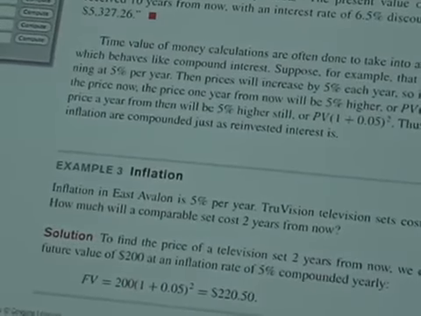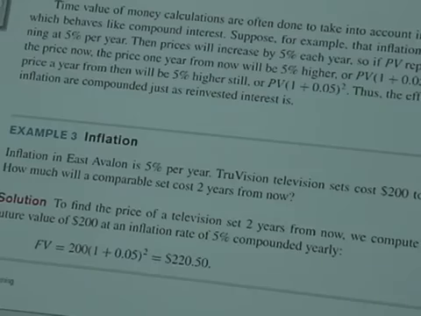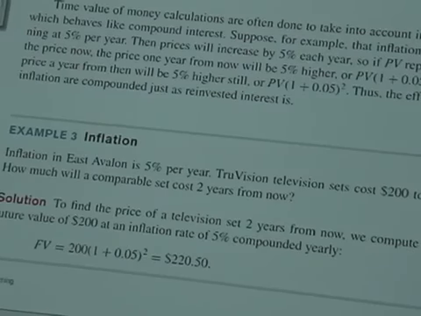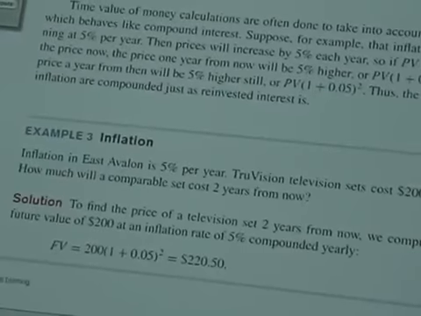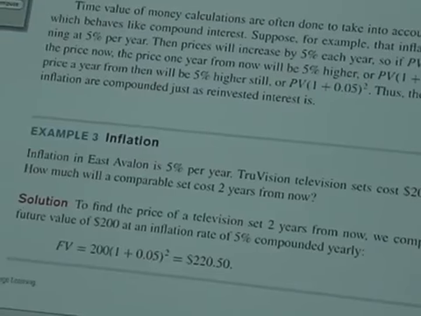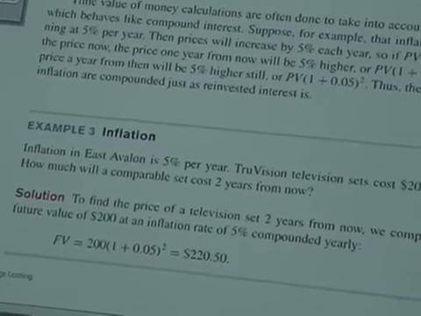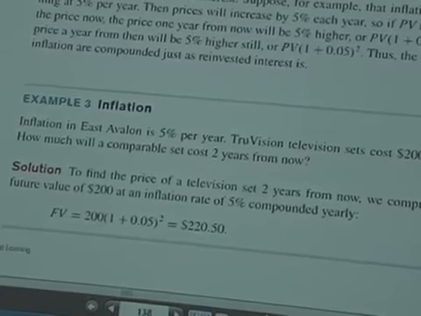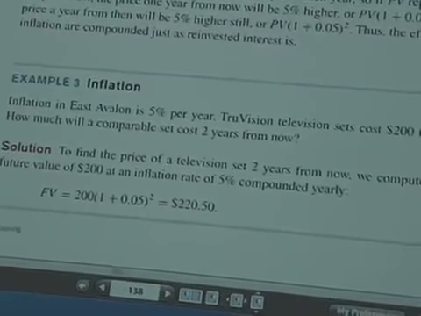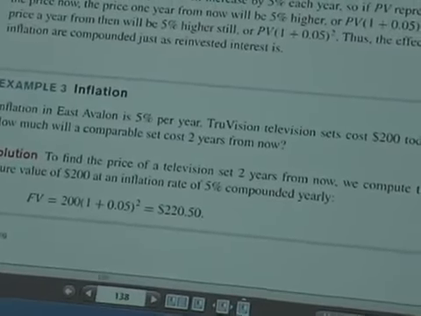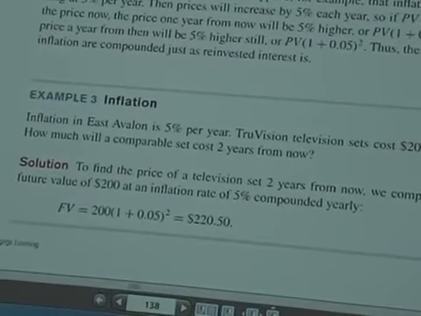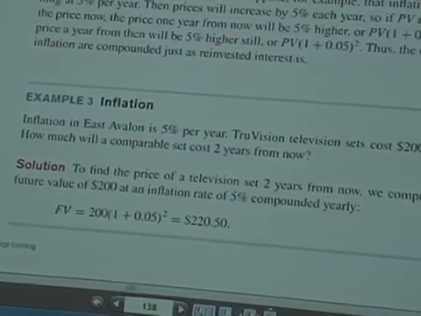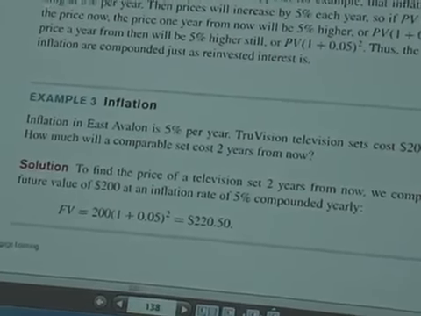Okay, inflation. What does inflation have to do with what we've been talking about? Well, we've been talking about money increasing based on how much is in there, right? And that's exactly what inflation does too. If you say 5% inflation, what do you mean? Prices are moving at 5% inflation.